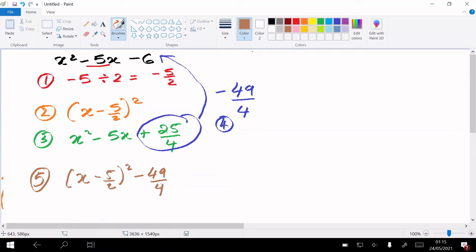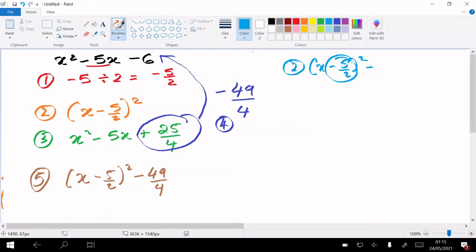So just to reiterate the second method, you reach step 2, x minus 5 over 2 whole squared. Then you look at the number inside, which is minus 5 over 2. You square it, which is 25 over 4. But you don't want it, you want to get rid of it.